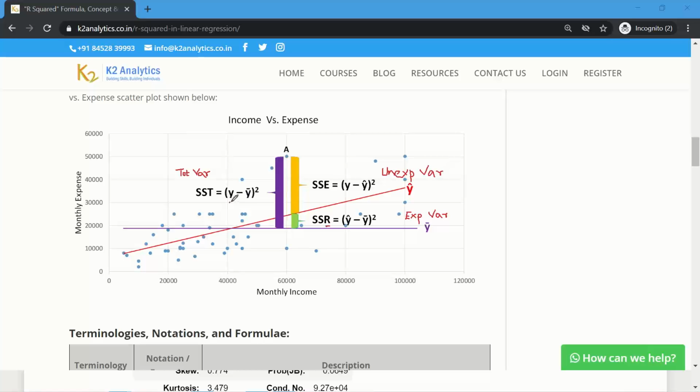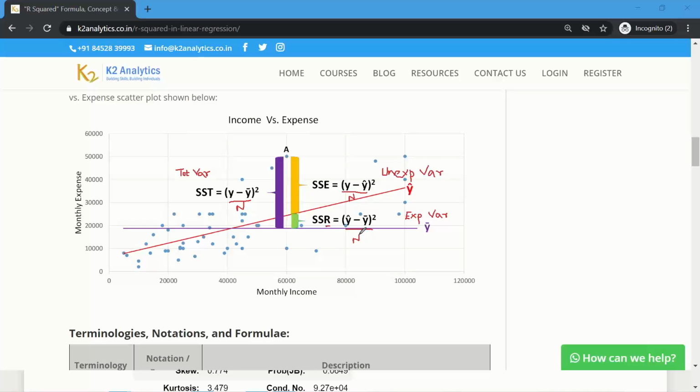Just imagine all of these numbers you divided by n. This becomes total variance. This becomes my unexplained variance. This becomes my explained variance. So I'm now explaining the terminologies in a different way. Earlier I was using error term, squared error, but now I am converting them into a more business intuitive form.